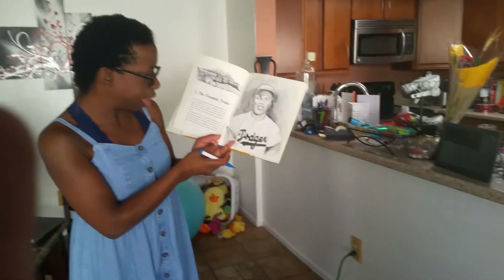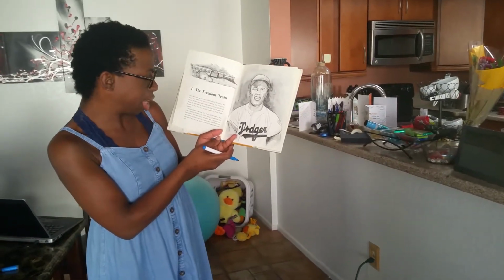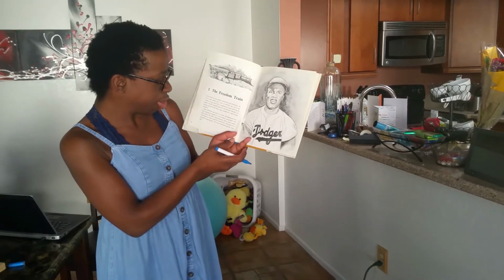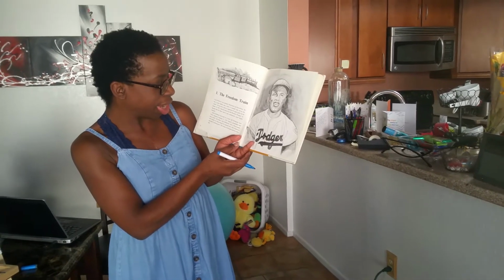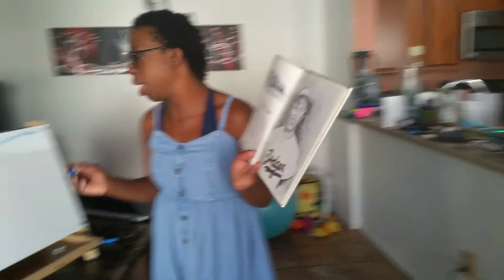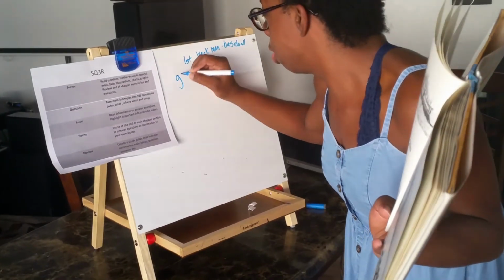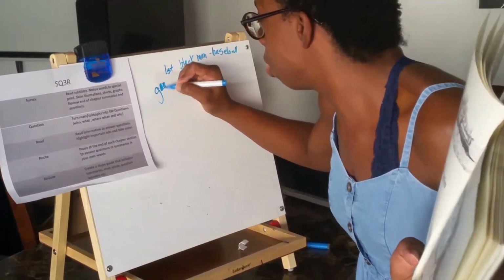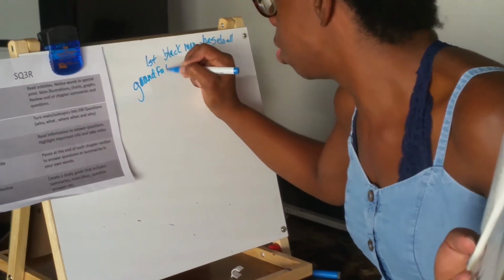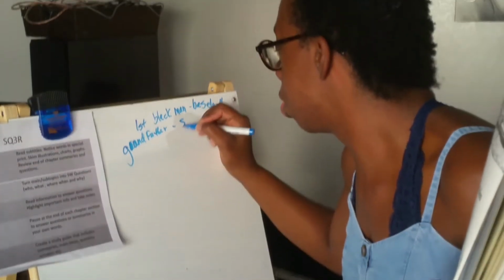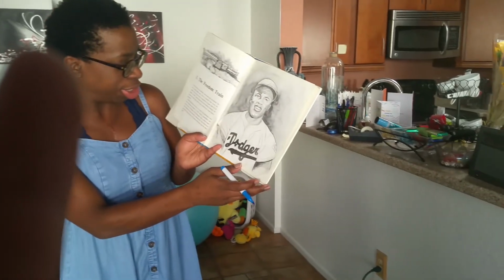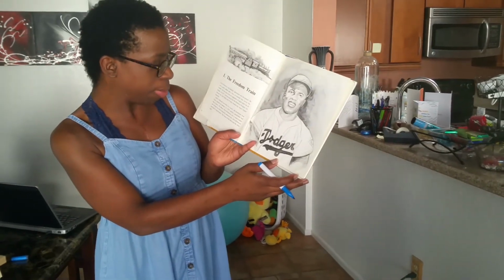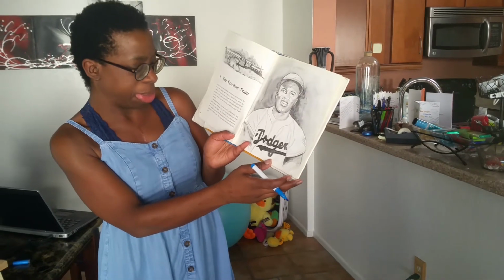Okay? So Jackie Robinson was born in a small old farmhouse near Cairo, Georgia, on January 31st, 1919. Jackie's grandfather had been a slave, so that might actually be important. So let's write that down too. So his father, Jerry Robinson, was a sharecropper and worked on a farm that was owned by somebody else.